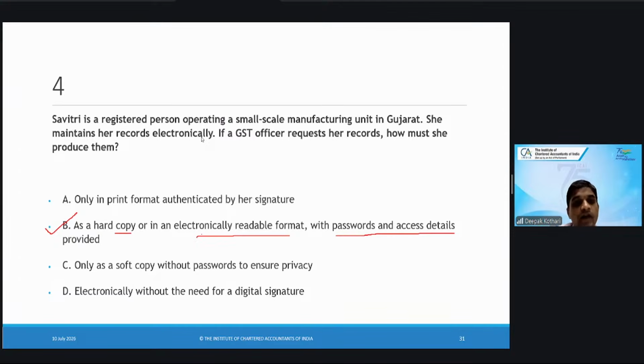So either a hard copy or in electronically readable format with password and access details provided.